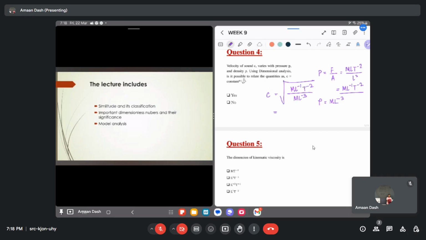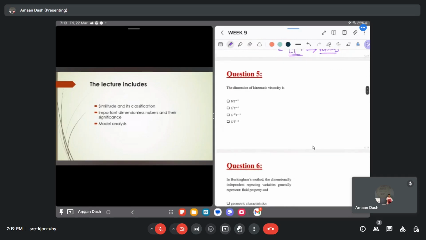So m and m got cancelled. So this is l square and t to the power of minus 2, square root of this, and this will be l t to the power minus 1, which is nothing but the dimensions of velocity. So you can see that yes, it can be represented using this form of the equation.